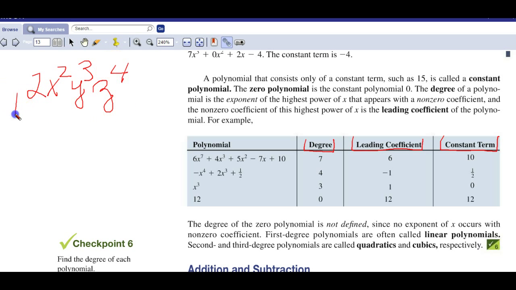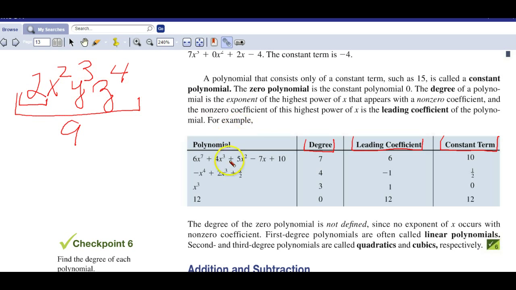So this is all just one term. Now the degree of this term would be the sum of the exponents on the variables. So here it's 2, 5, 3 is 5, 4 is 9. So the degree of this would be 9. Now the numerical coefficient would be the 2.